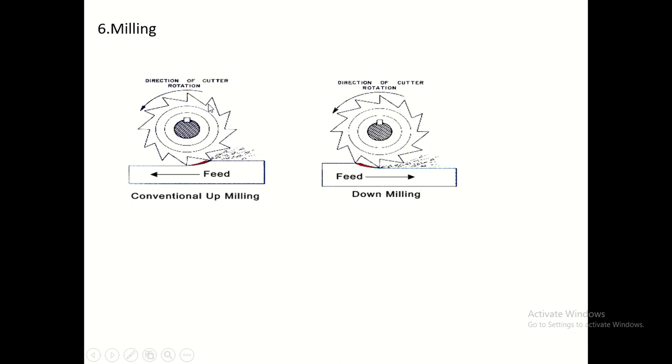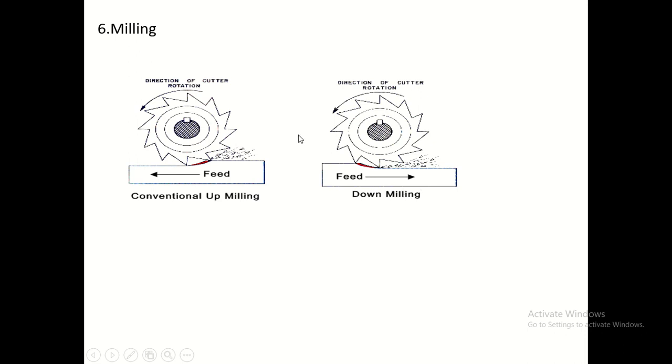Then milling. In milling operation, there is no single point cutting tool; it shows multiple points. So the material removal rate of the milling process is very large. There are two basic types of milling operation: up milling and down milling.